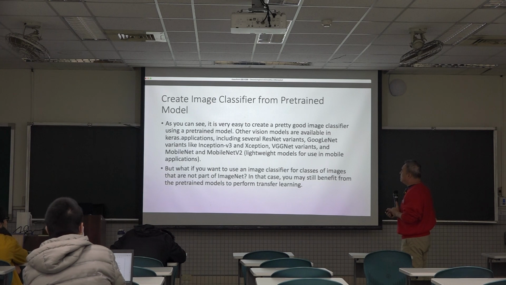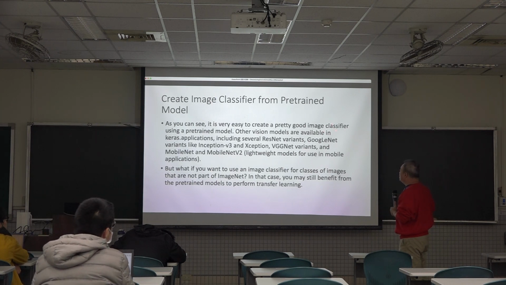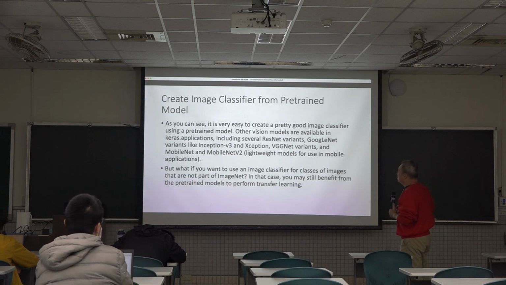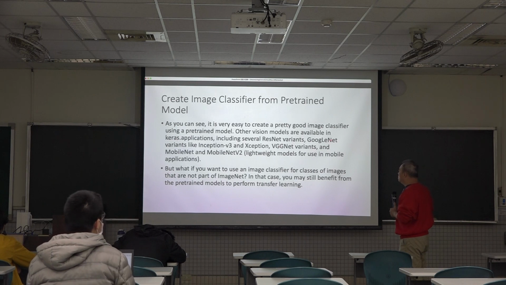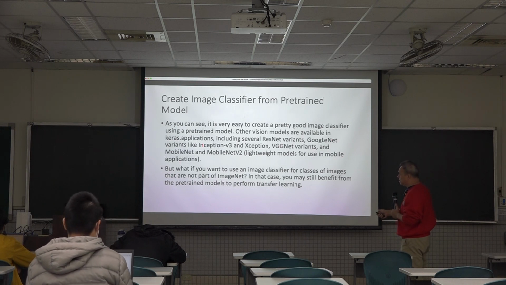So you can see it's very easy to create a pretty good image classifier using a pre-trained model. There are other pre-trained models available in the Keras applications, such as ResNet variants, GoogleNet variants including Inception v3, Inception v4, Xception, VGGNet variants, and MobileNet and MobileNet v2.